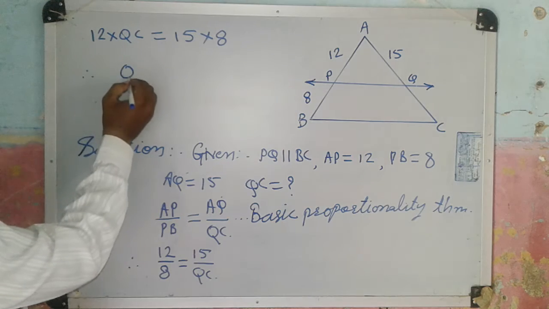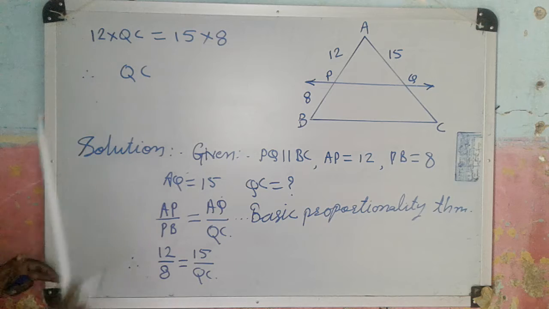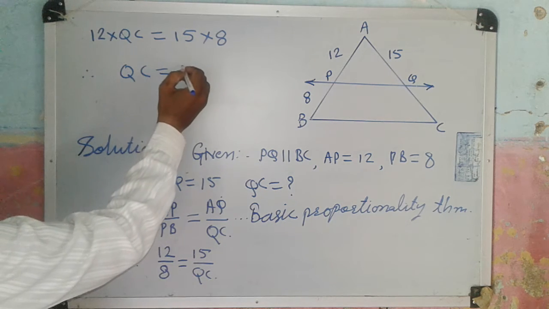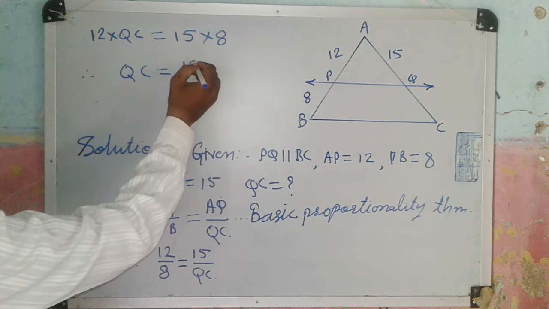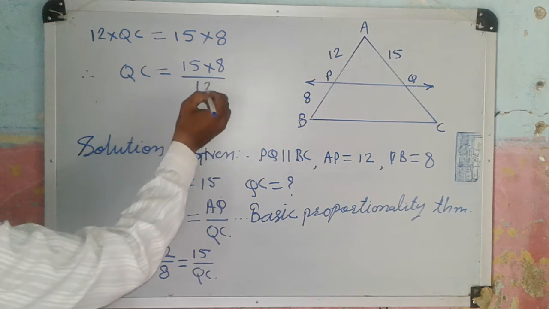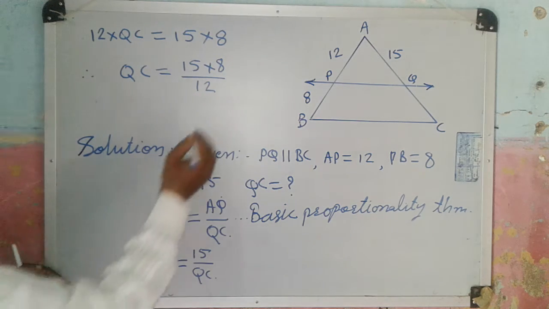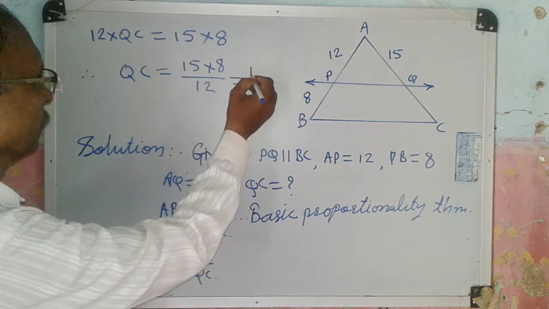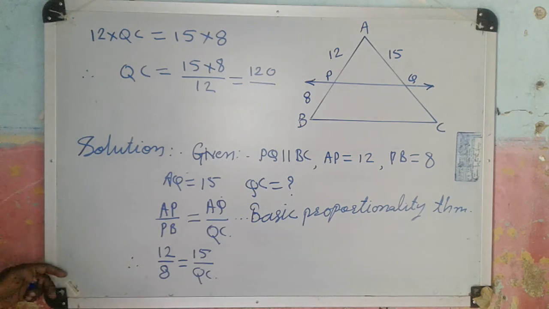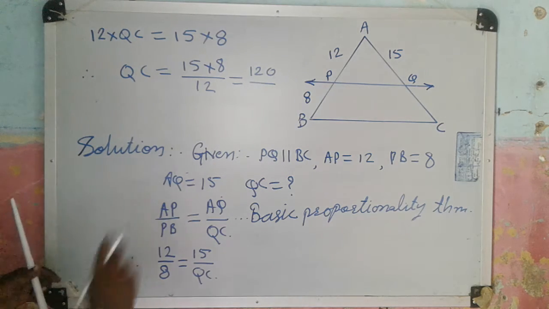And therefore, we will solve this. By solving this, we will get length of QC. QC is equal to 15 into 8 divided by 12. That is equal to 15 into 120 divided by 12.